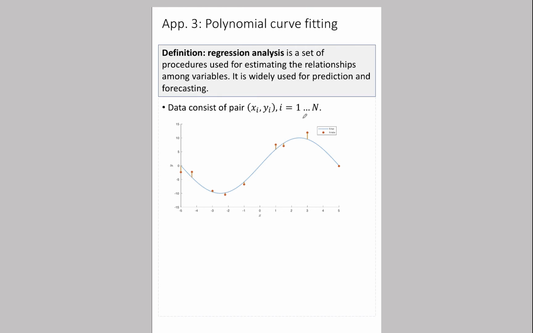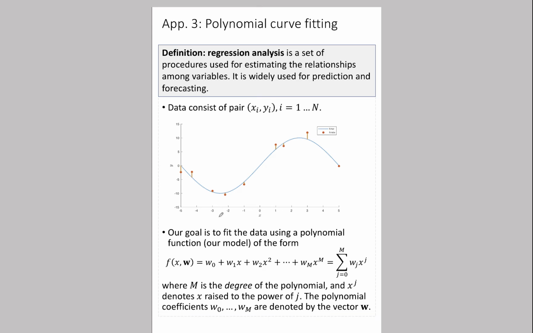In general, x is a vector. Here we choose x to be a scalar, as shown in the figure, and y is a sine plus some measurement noise. So our goal is to predict the value of y, which is our target variable, for some new value x of the input variable.